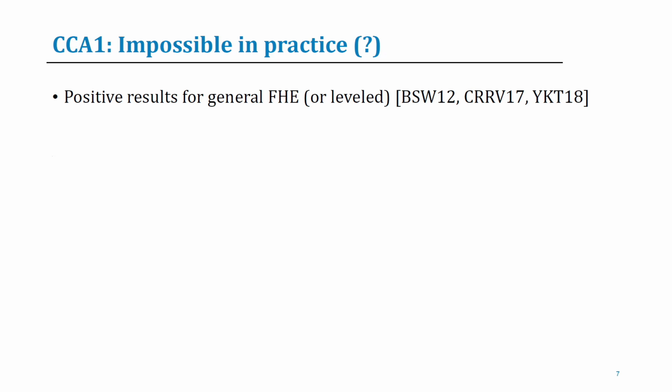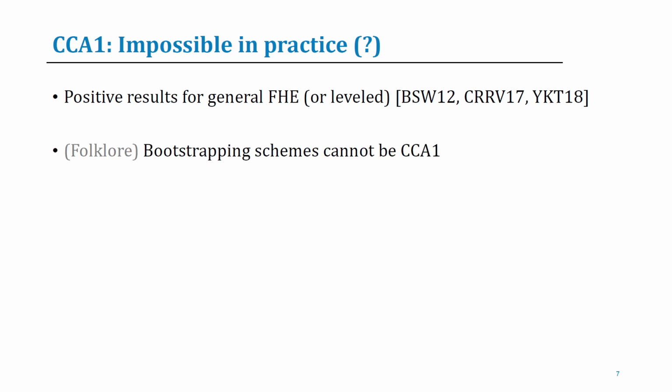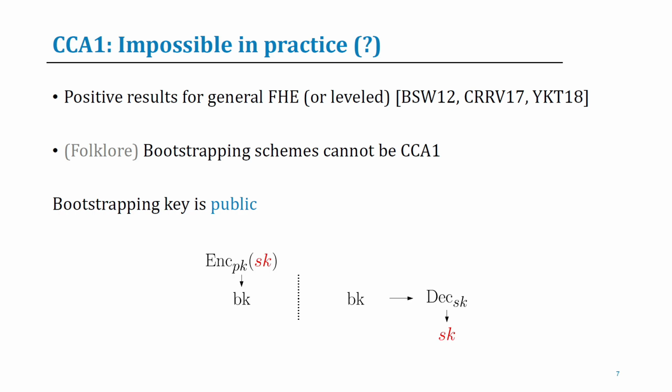And for bootstrapping schemes, there is this folklore result that says that it cannot be done. And this comes from this reasoning that the bootstrapping key is public. The bootstrapping key is the encryption of a secret key in some way, and you have a decryption oracle. So you can decrypt it, you get the secret key, you win. So at least if you do it in a straightforward way, it doesn't seem like you should be able to get CCA1 security.